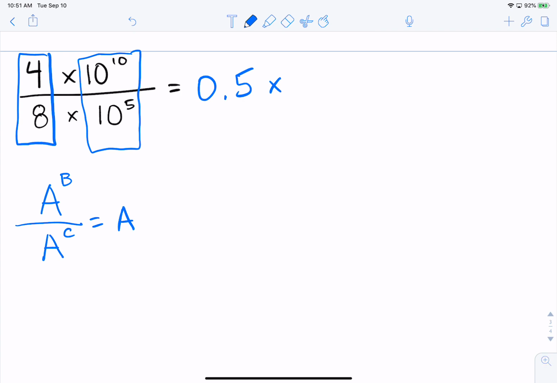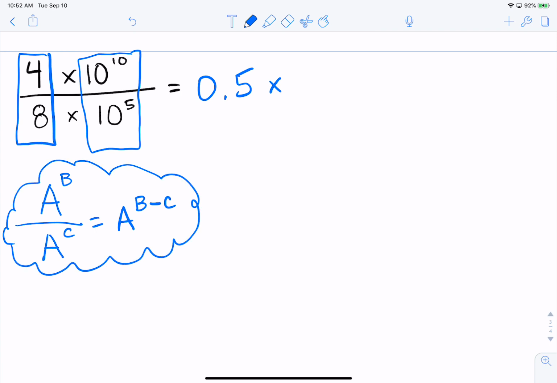So this is really a numerator exponent minus the denominator exponent. Be careful not to confuse yourself and do the denominator first for some reason. It's kind of always top down. All right, so here's our rule for dividing like bases with exponents. So in this case, we would have 10 to the numerator exponent minus the denominator exponent.